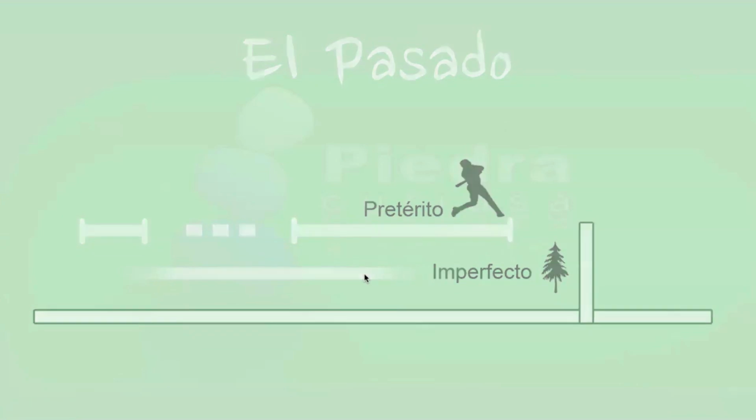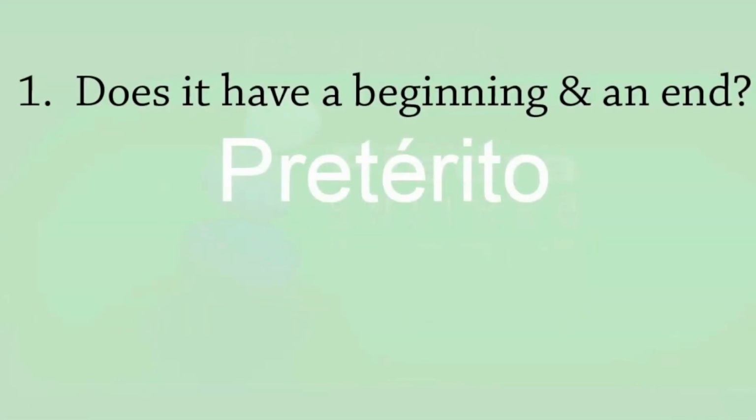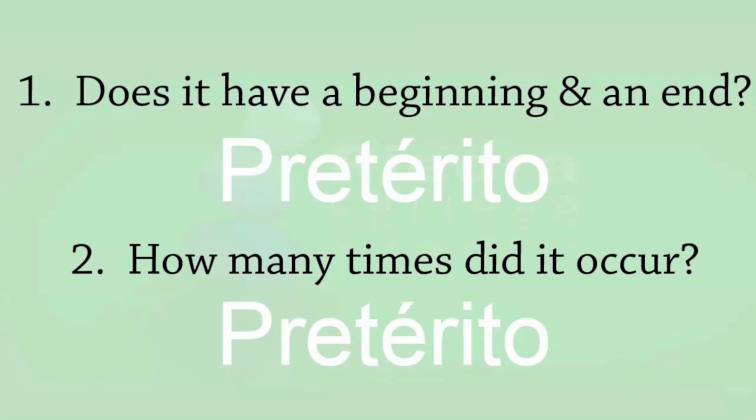In order to determine if it is preterite, we can ask ourselves two questions. One, does it have a beginning and end? If it does, we know that it's preterite. And two, how many times did it occur? If we can easily answer that question, we're probably going to use preterite.